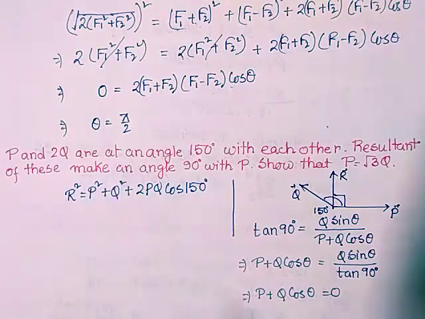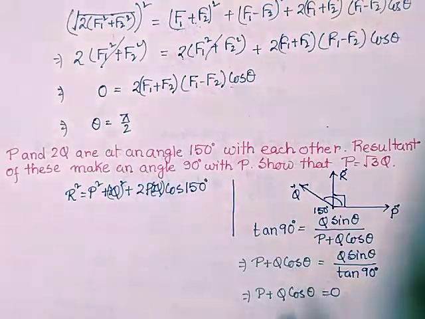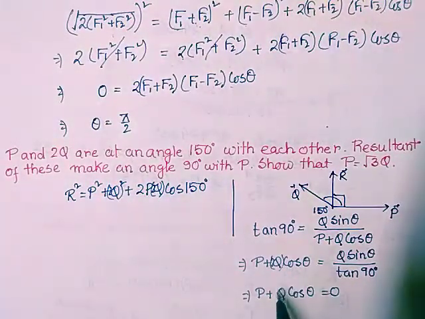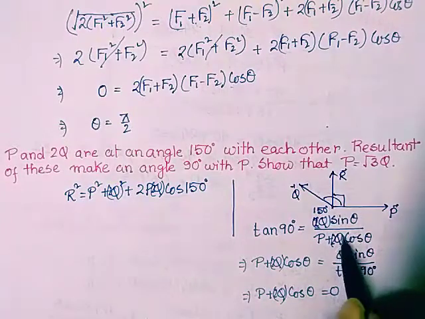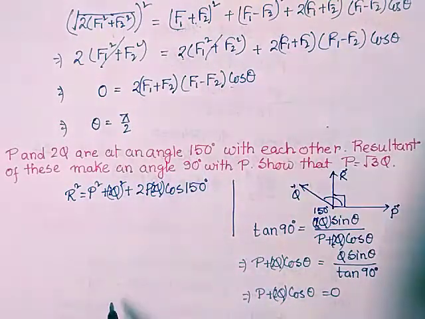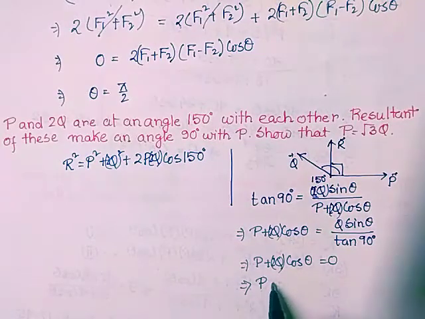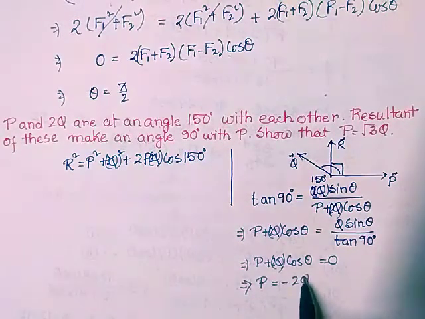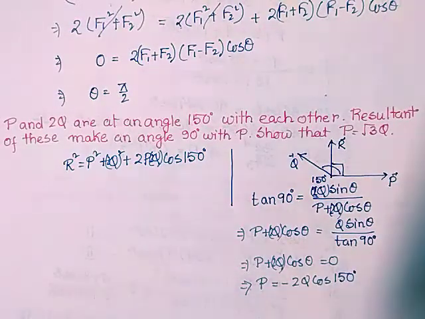P and 2Q, sorry, here is a 2Q, so I have to rectify this thing. So here is 2Q, here is also 2Q, and again another thing, it is told here that the angle between them is 150 degree, that is the theta is given here 150 degree. So if I substitute this theta, then it will become P equal to minus of 2Q cos 150 degree, because theta is 150 degree here.